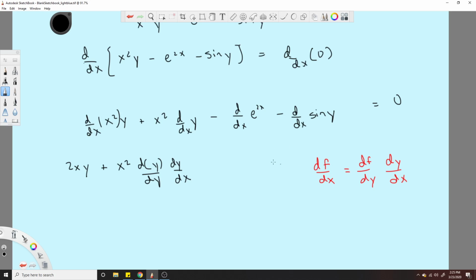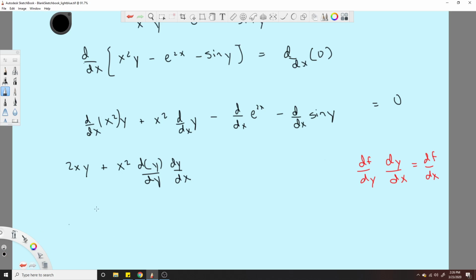You're just using substitution. This is df dx, this is all that stuff. So let me erase part of this now. I'll put it over here, so I can keep that up as a note.